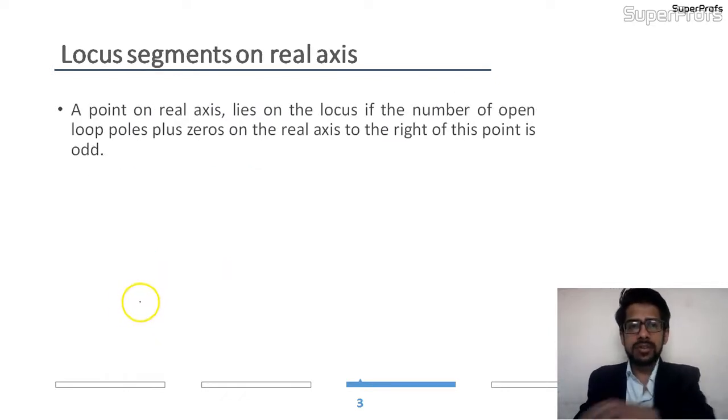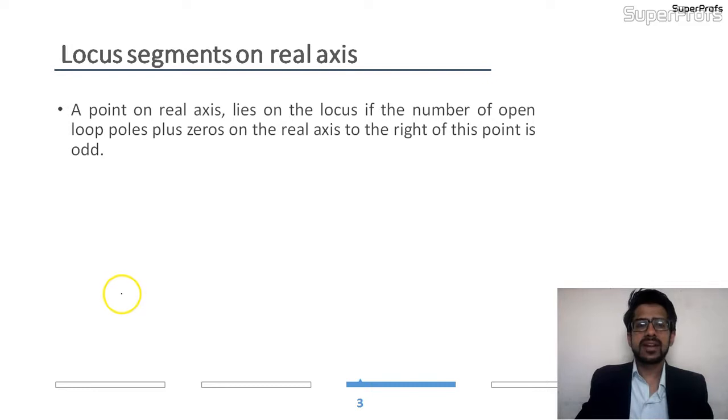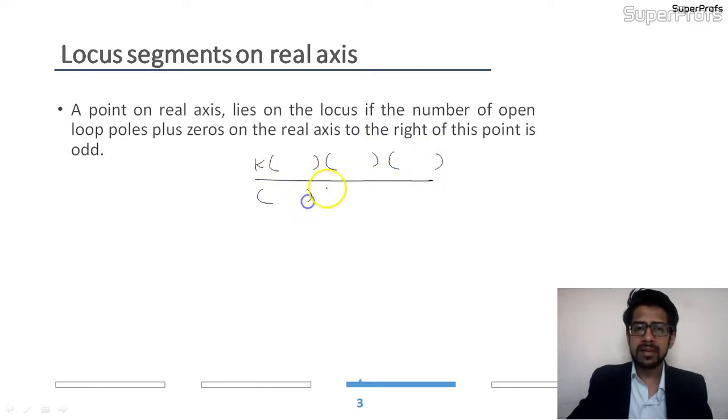Okay, so this is how you'll be able to draw different root loci segments at different angles traveling towards infinity. Let us go forward and see on a real axis how to determine if a part is on a root locus or not. This is a very simple technique wherein we'll again use the same example where we had three zeros and four poles.